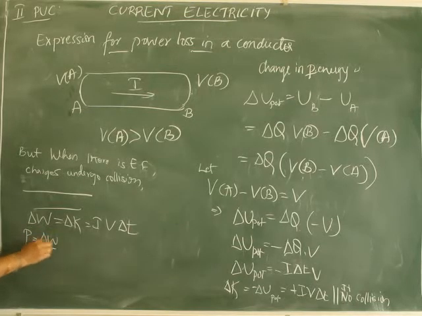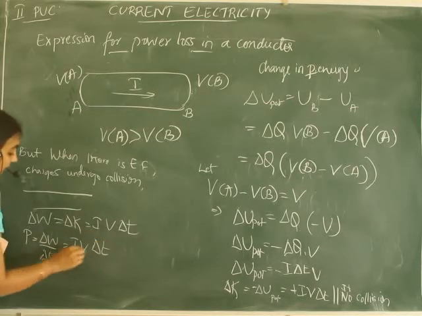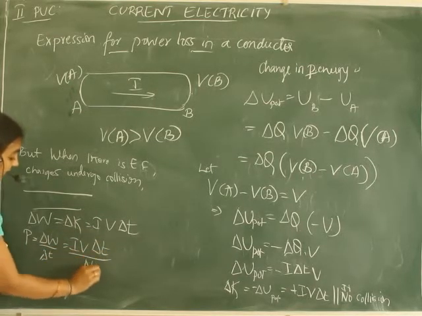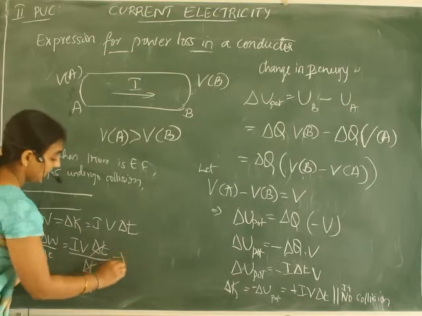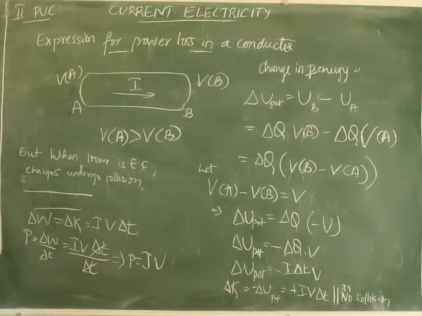So IV delta T divided by delta T, we get P is equal to IV. Understood? P is equal to IV.